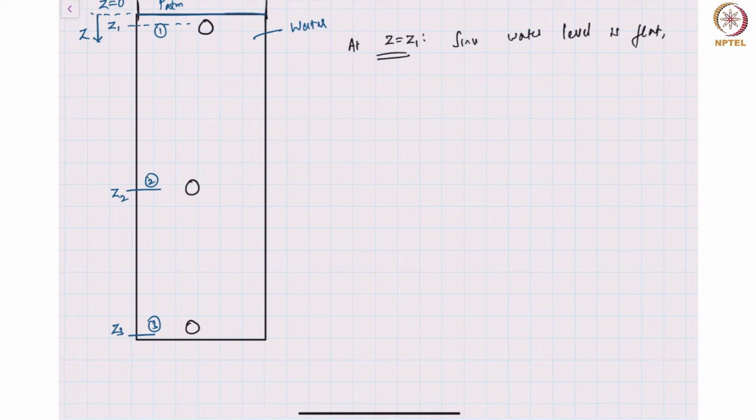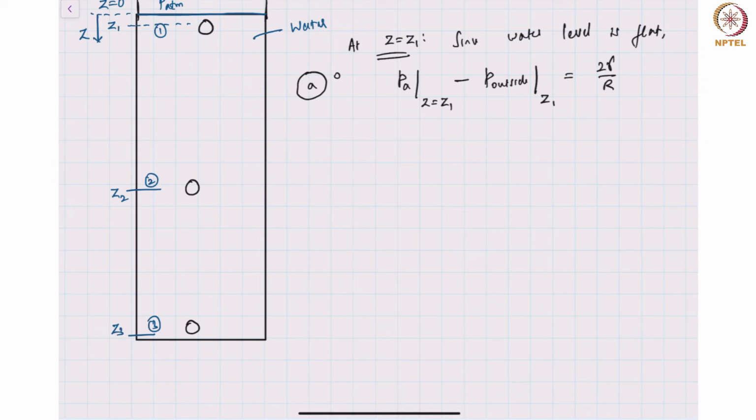So if the water level is flat, I can say that the pressure of the air inside at z equal to z1, minus P outside at z1, will be 2 gamma by r, where gamma is the surface tension.